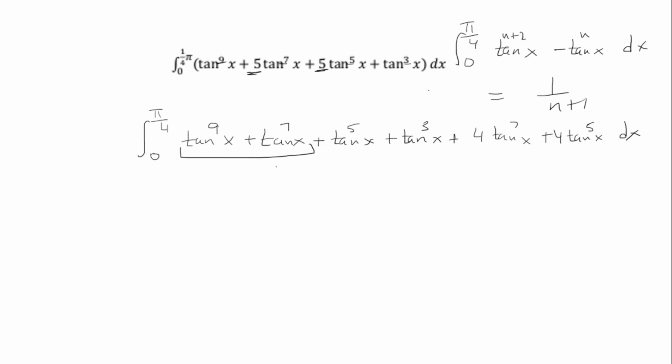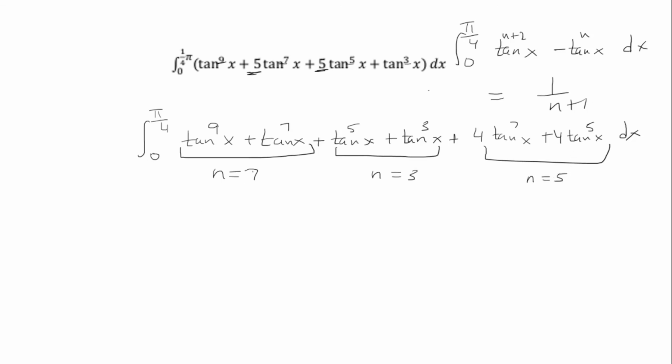Okay. So you can actually break it up into 3 different integrals, but that's a lot of work. I don't think that's necessary. So pretend these are 3 different integrals. So for the first quote-unquote integral, it's tangent to the 9th plus tangent to the 7th. Clearly, n here is 7. Okay, and then tangent to the 5th plus tangent cubed, n is 3. And for the last one, n is 5.